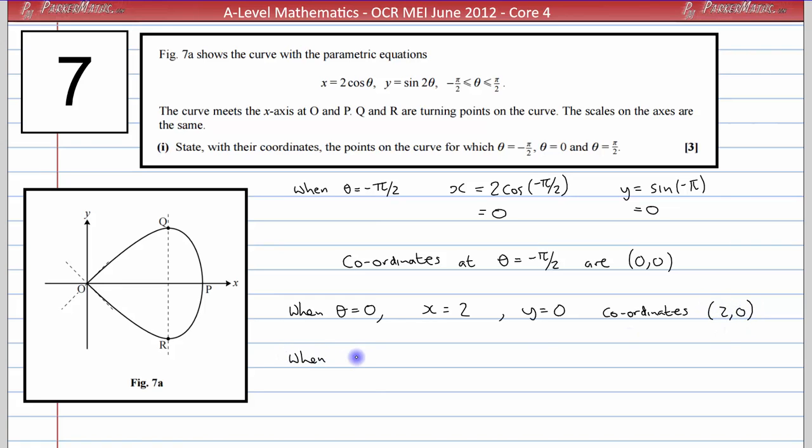When theta equals positive pi over 2, we get x equals 2 lots of cos pi over 2. Well, cos pi over 2 is 0, so 2 lots of 0 is 0. And y equals sine 2 multiplied by pi over 2, so sine pi, which is also going to be 0. So the coordinates at theta equals pi over 2 are 0, 0.